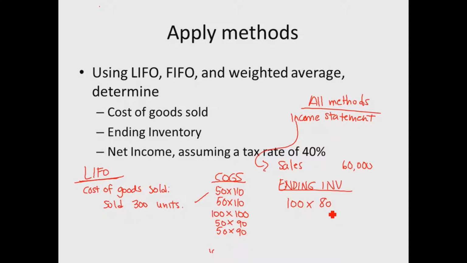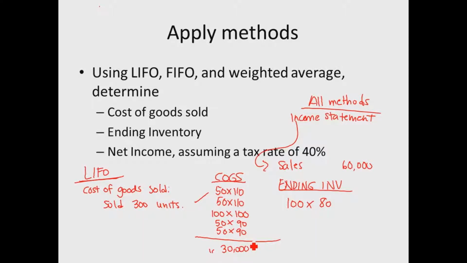So what is my cost of goods sold if I compute it this way? I can do it in my head logically. 300 books, which on average cost me $100 each, so this is going to come up with a $30,000 cost of goods sold.